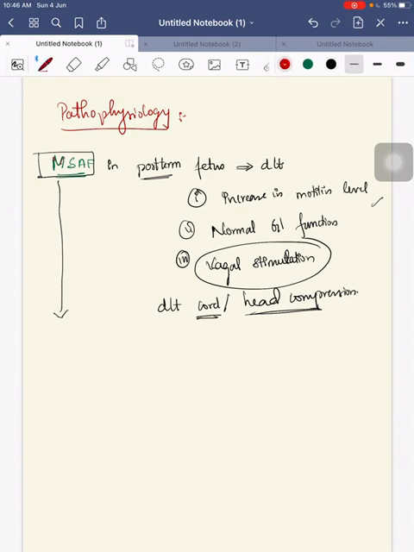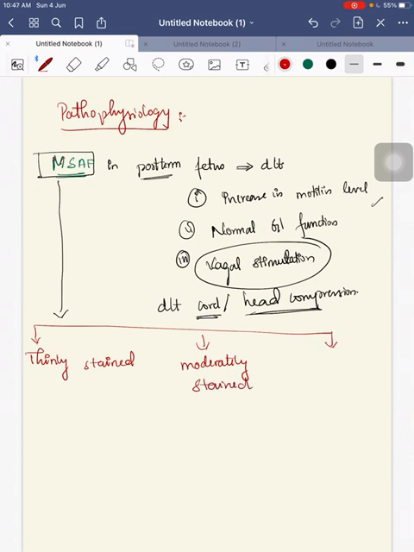This meconium stained amniotic fluid can be of three types: thinly stained, moderately stained, or thickly stained.